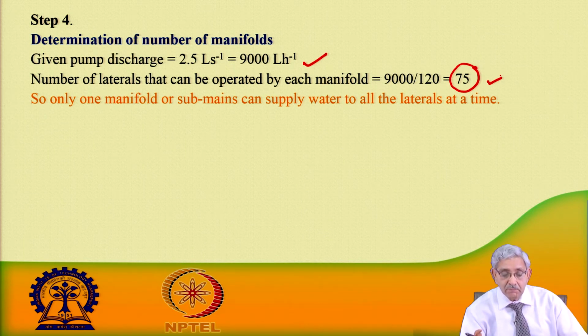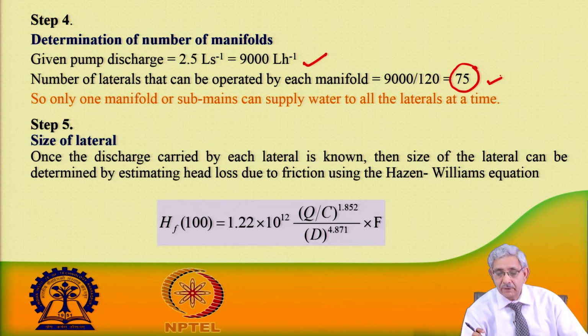So, the pump available with us is able to meet the requirement of 75 laterals. This means one manifold is enough, rather more than enough, and will meet the water supply to all the laterals at a time.